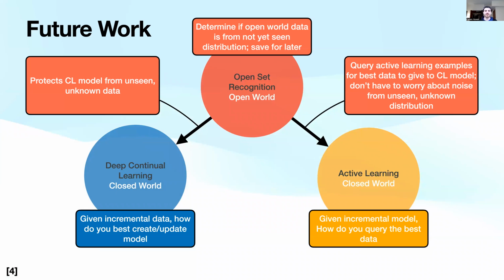So from this perspective, you can imagine an incoming stream of data, right? Constantly incoming. You remove the things that haven't been seen, and maybe the open set recognition goes to the active learner and says, hey, I have all of this new data for you. Pick out a subset that we should label and give to the continual learner. It does so, it returns it to the open set recognition, who passes it back over all clean and free of the noise of unknown data.